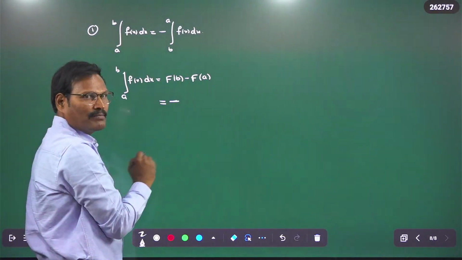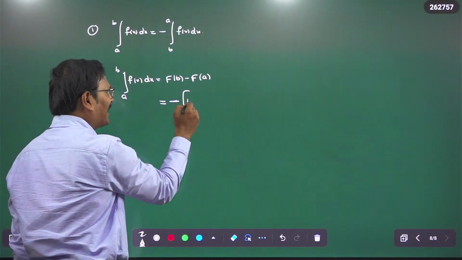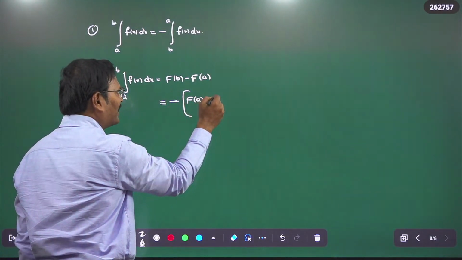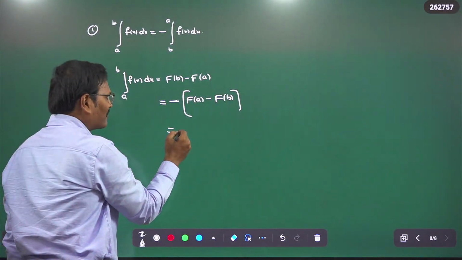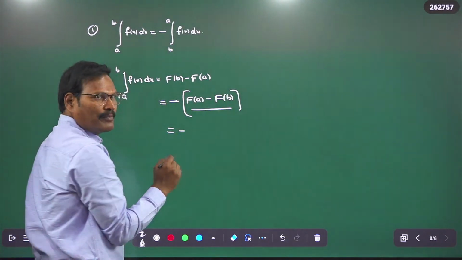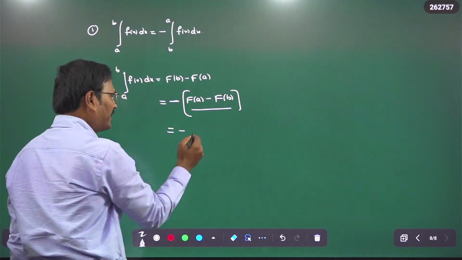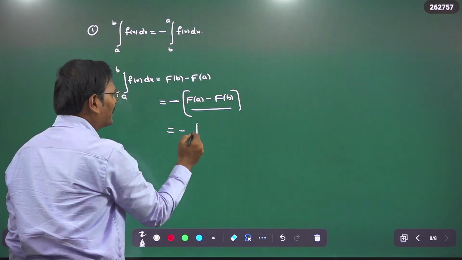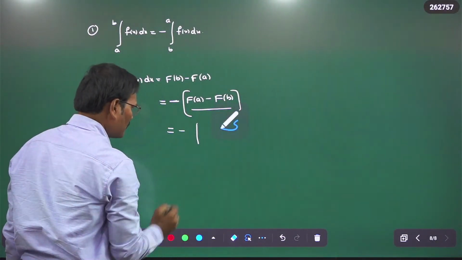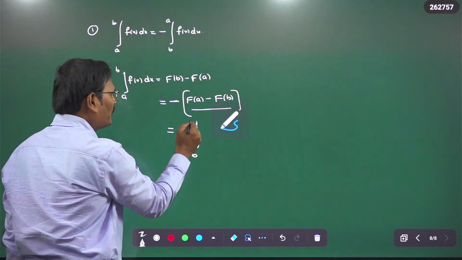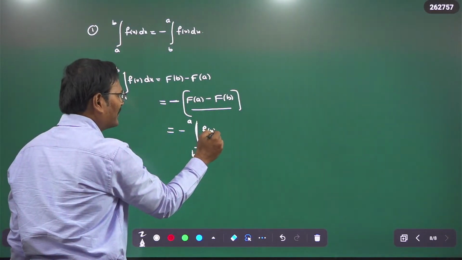So can I write like this? Minus of F of a minus F of b. So by the definition of definite integral, we can write it as minus integral b to a f of x dx.